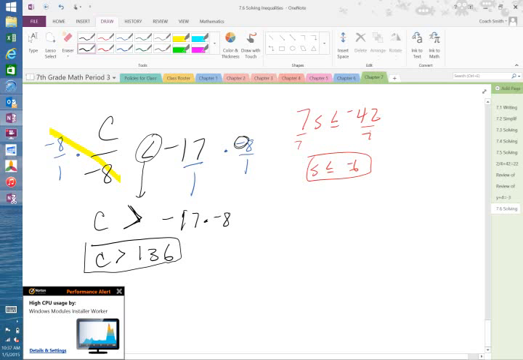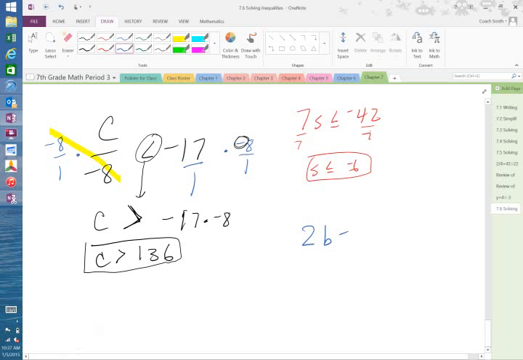All right, now, let's move to a little harder one. 2b minus 13 is greater than 9.